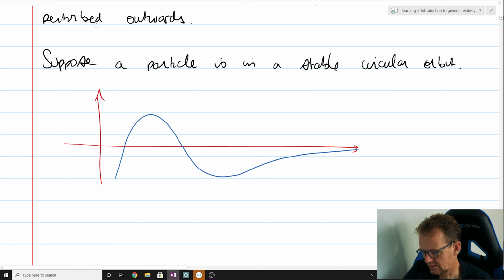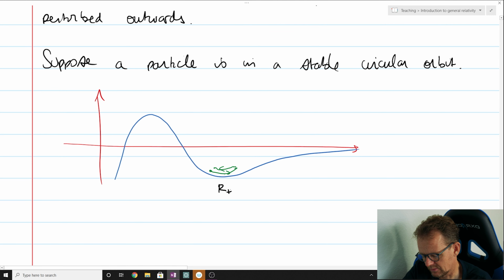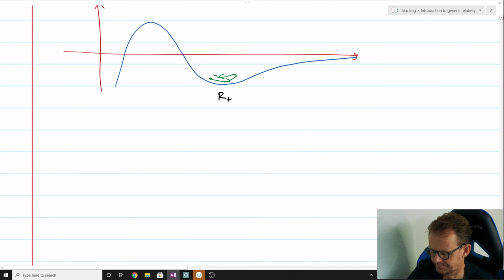So we've got this little particle here, and it's executing oscillations inside this potential well around the minima r plus. That's what it means to be in a perturbation of a stable circular orbit.